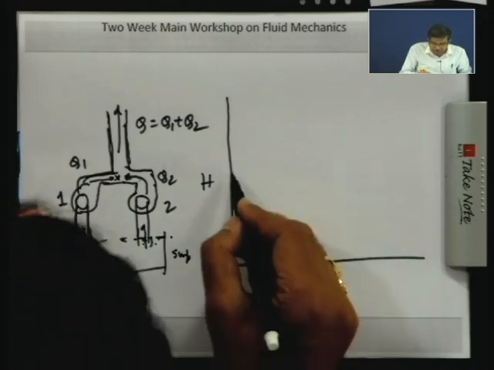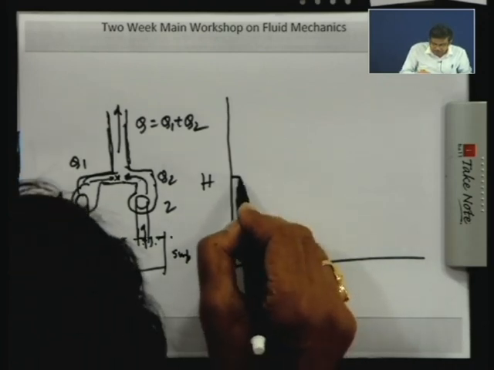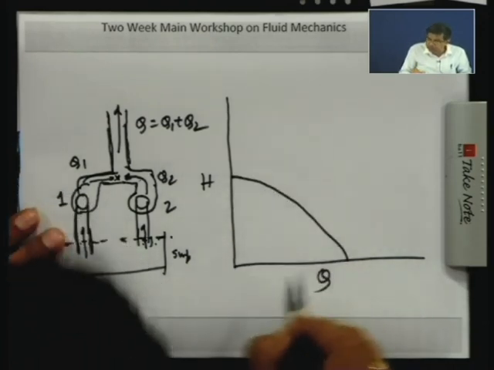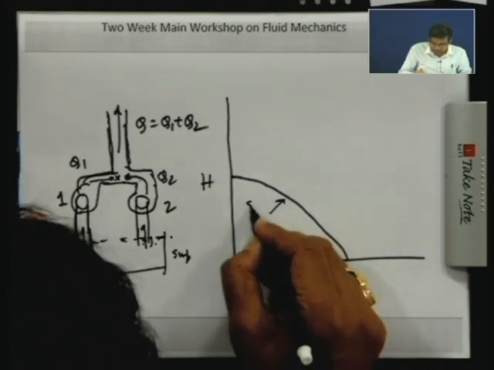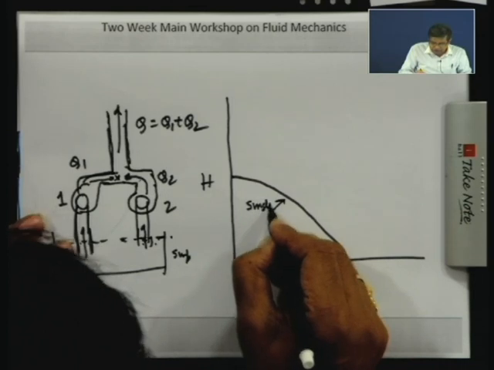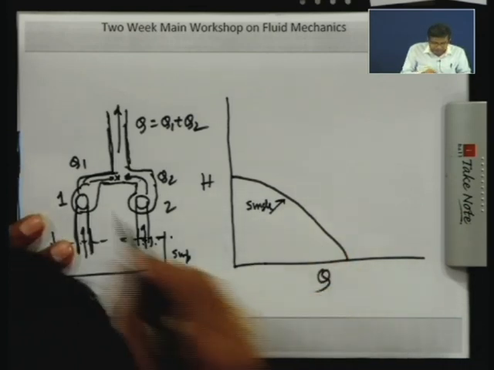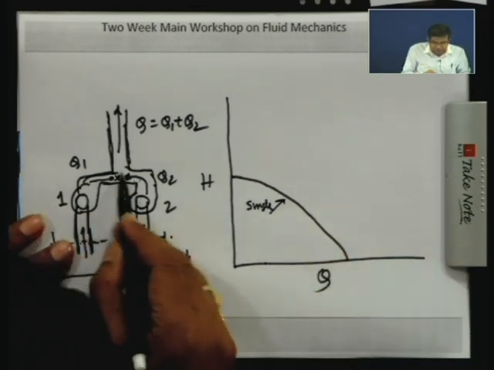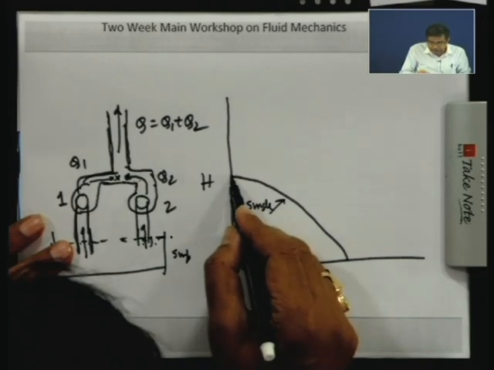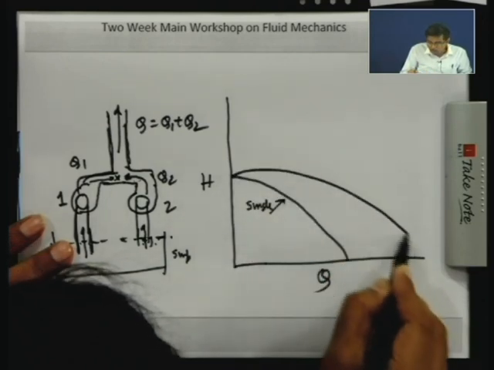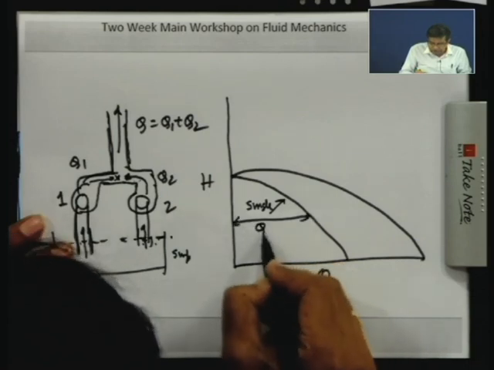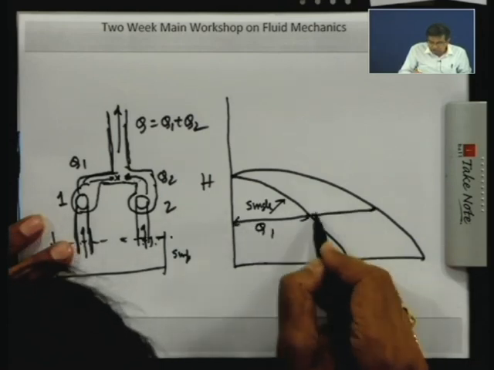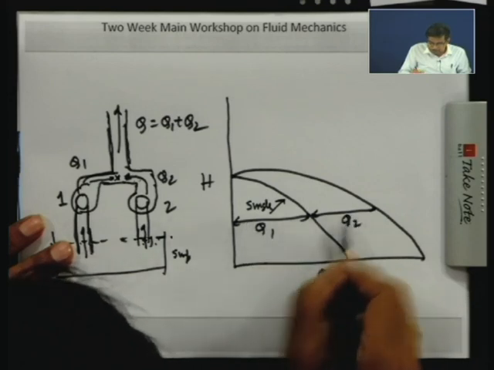So, if this is the HQ characteristic for the single pump, then at each H, H is the same but Q differs. At each H, if I add Q1 and Q2, very simple, if they are the same, these two will be the same.